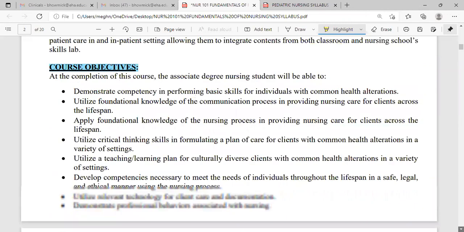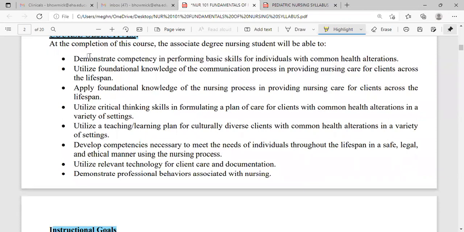Next here, course objectives. We try to demonstrate competence in performing the basic skills, utilize the foundation of knowledge and communication process, apply the foundation of knowledge of the nursing process to provide nursing care for the client, utilize critical thinking skills, utilize the teaching learning plan, right?